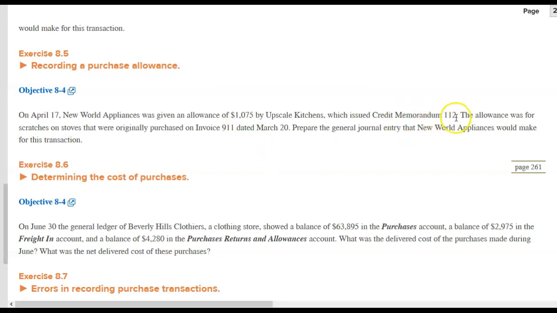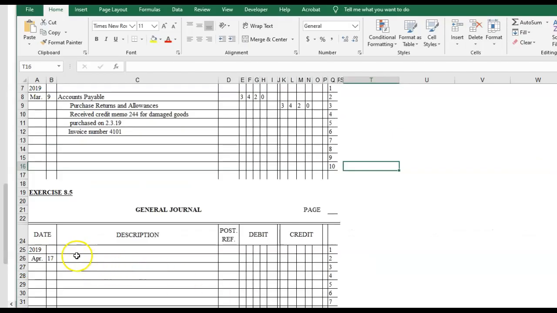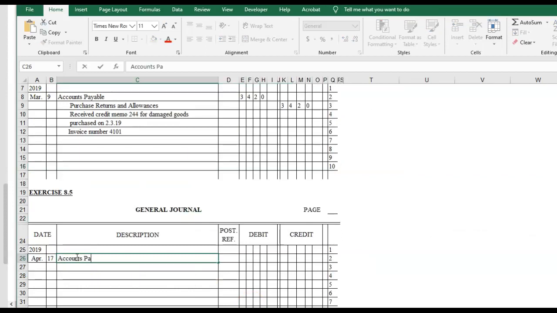You're going to write the credit memo number, and you know it's a purchase allowance account, which is always a credit. And you're going to write the invoice number, 911. That's it. That's all there is to it. So we're going to go ahead. This is accounts payable, and we're getting 1,075 back, 1075.